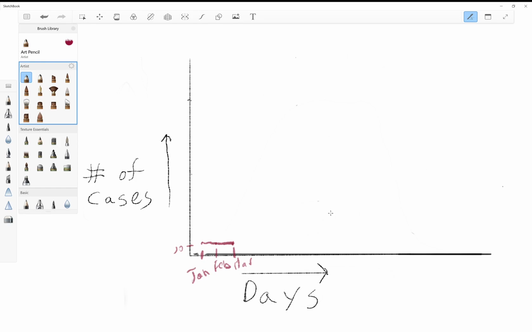So let's go into April, all right? And in April, we start seeing a jump. We start seeing 20 cases, okay? So in April, we see 20 cases. So we're starting to move up here, okay?